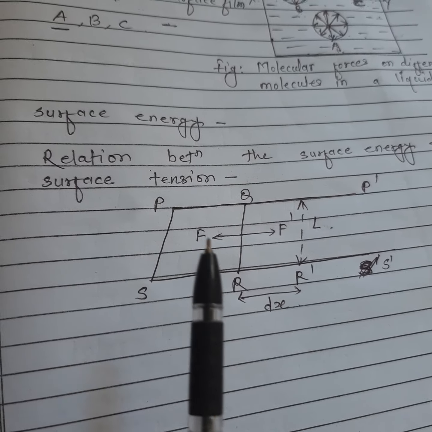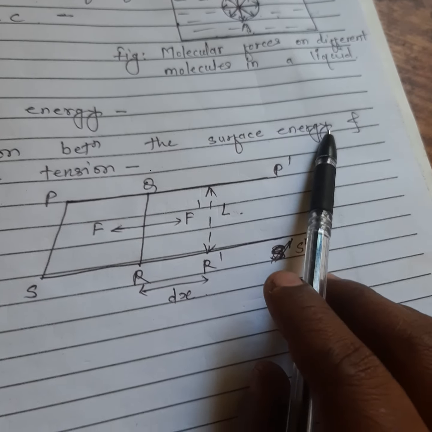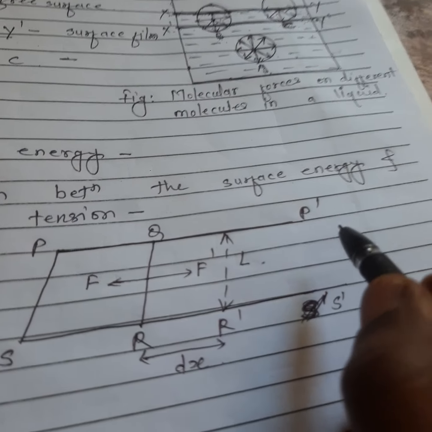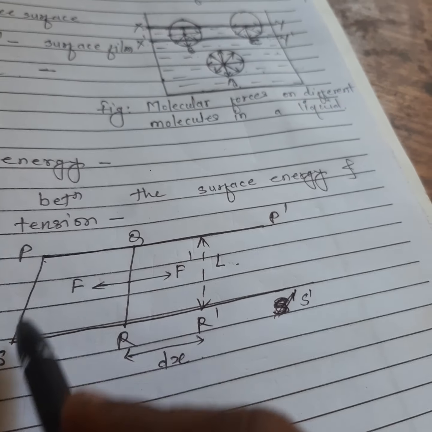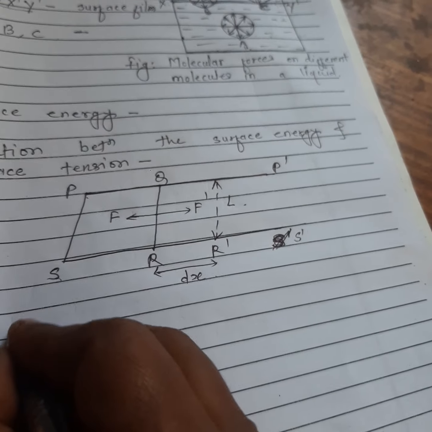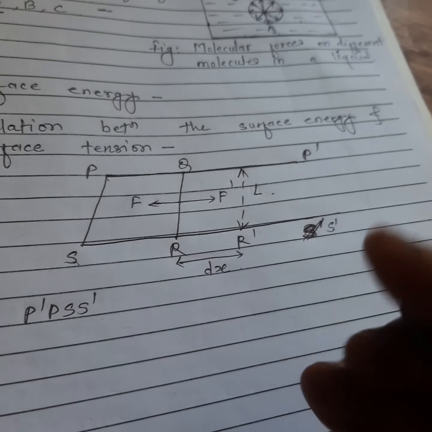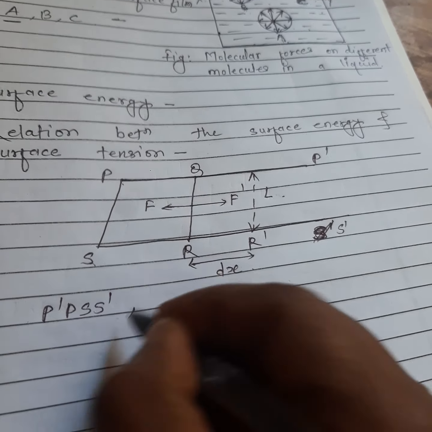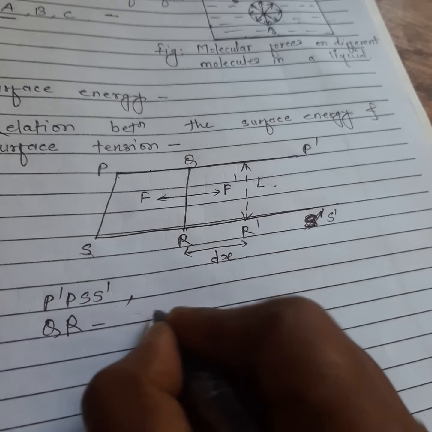Now we are going to derive relation between the surface energy and surface tension. To derive this relation, consider a rectangular frame P dash P S S dash as shown in figure, whose side QR is movable.